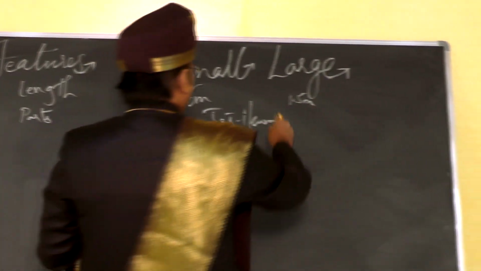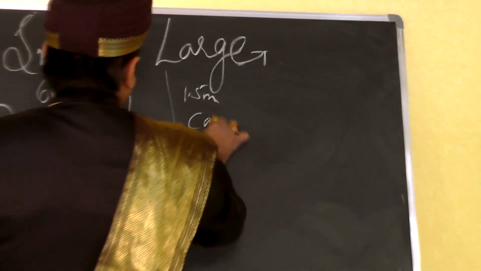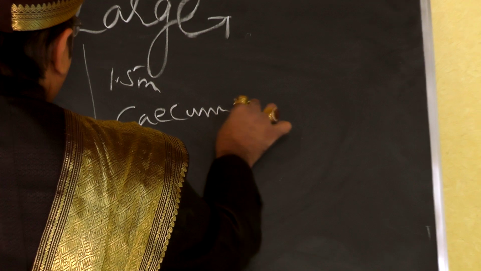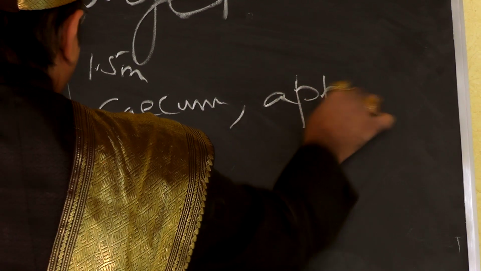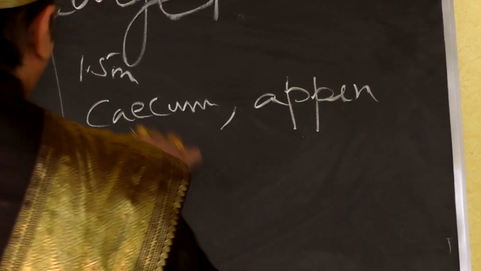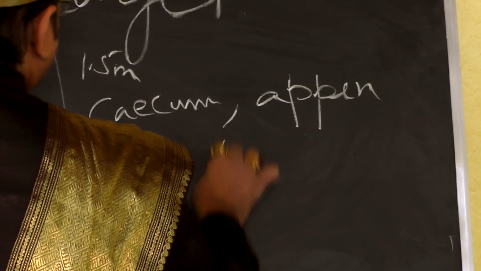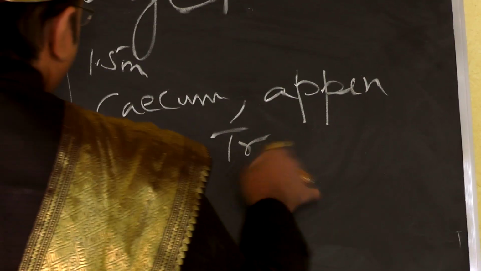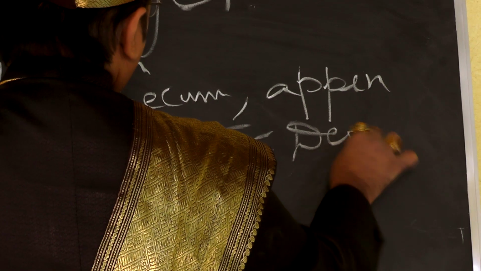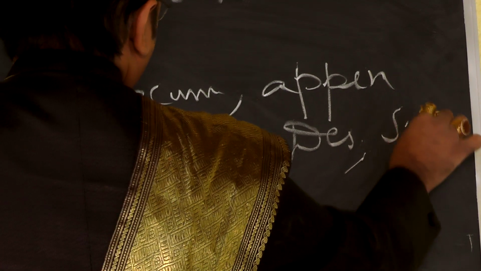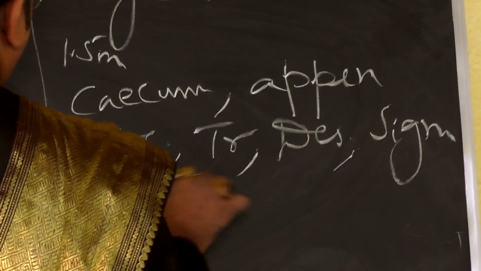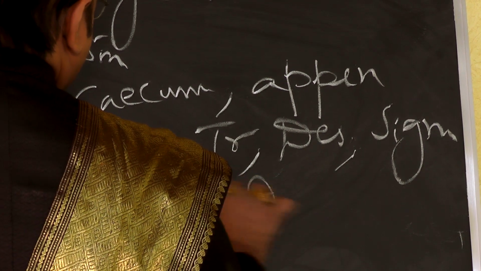But if you take the parts of the large intestine, they start from the cecum. They go with the appendix, ascending colon, transverse colon, descending colon, followed by sigmoid colon, and then you have the rectum and anus.